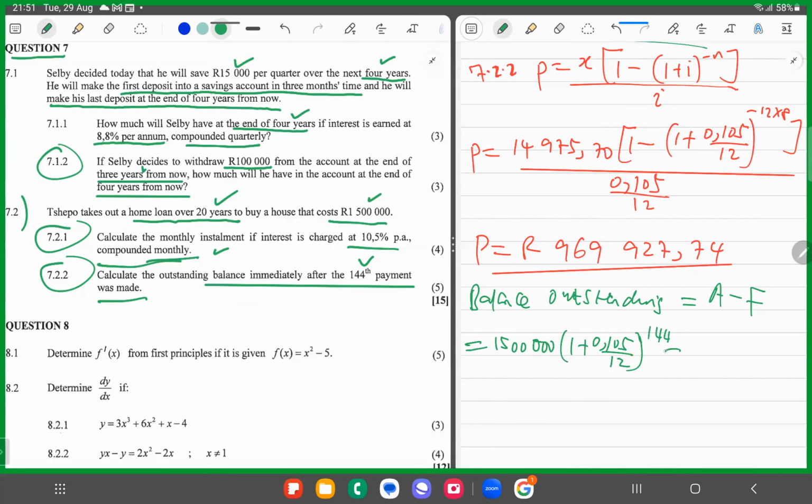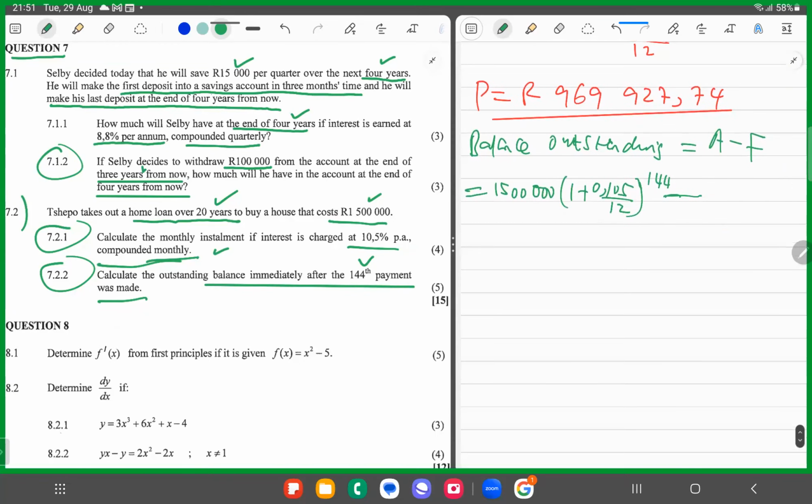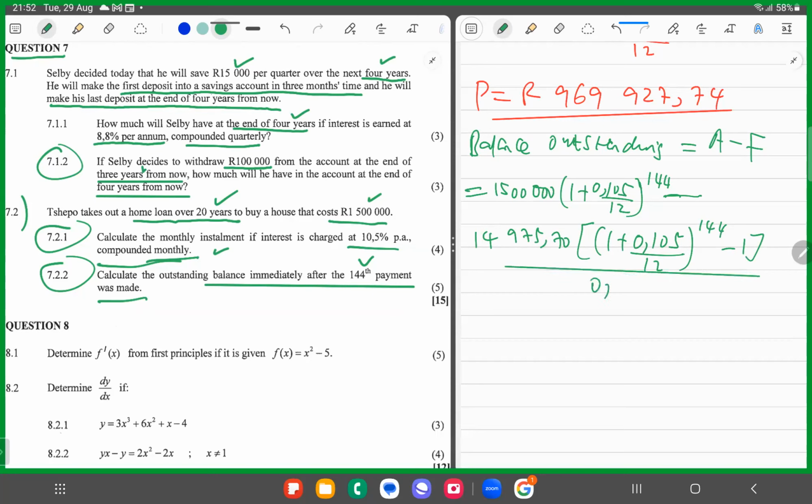And then you subtract from it 14,975.70, 1 plus 0.105 divided by 12, to the power 144, minus 1, you divide by 0.105 divided by 12. Right, so the balance outstanding therefore would be 1.5 million multiplied by that.